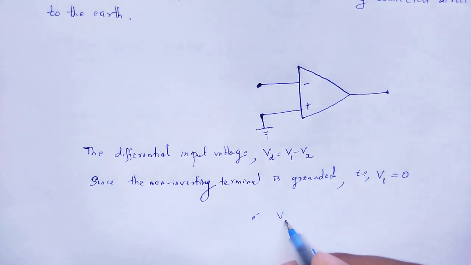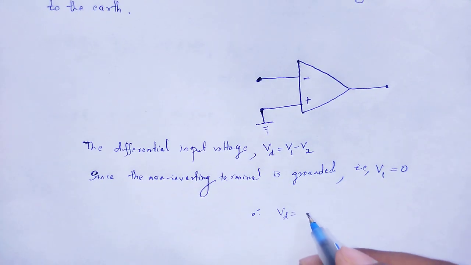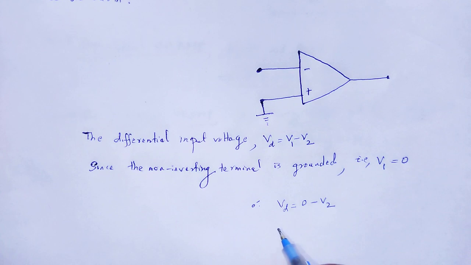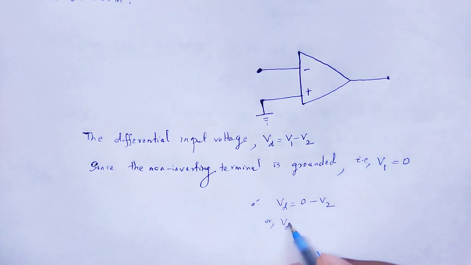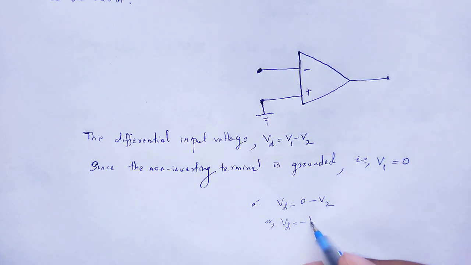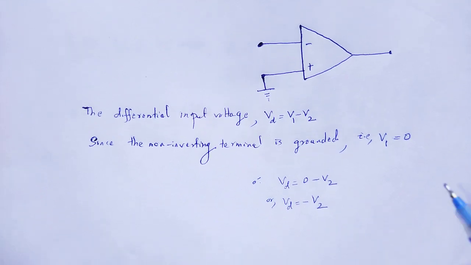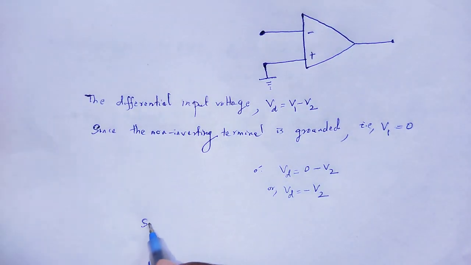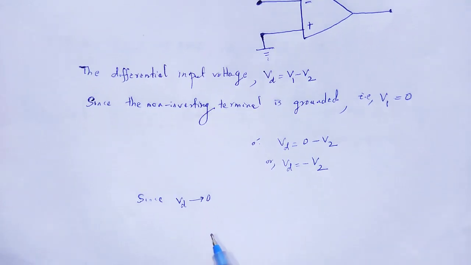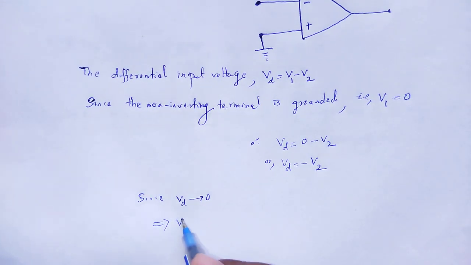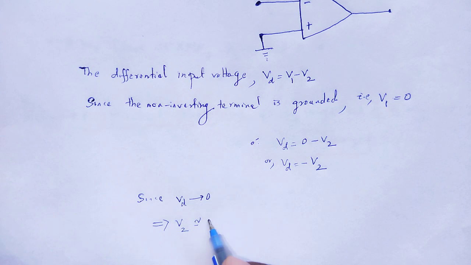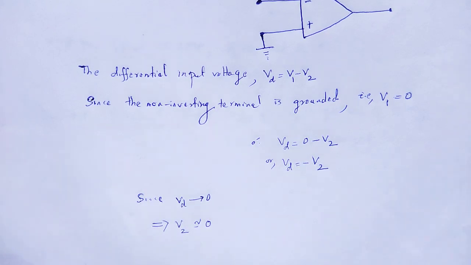Therefore, Vd is equal to 0 minus V2, so Vd is equal to minus V2. Since Vd tends to 0, V2 is nearly equal to 0.